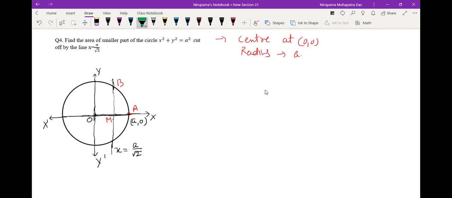So this will be the smaller part. Now again, the circle is symmetric about its diameter. So here also, if we can find the area of the upper portion and multiply by 2, our problem is solved.